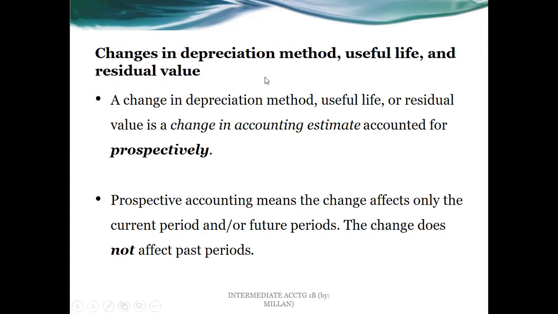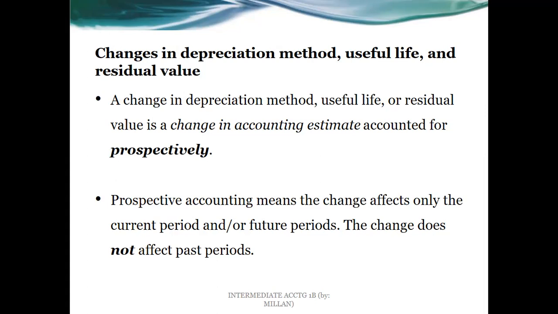Therefore, a change in any of the three is treated as a change in accounting estimate under PAS 8 or IAS 8, which is accounting policies, changes in accounting estimates, and errors. So that's our complete title.